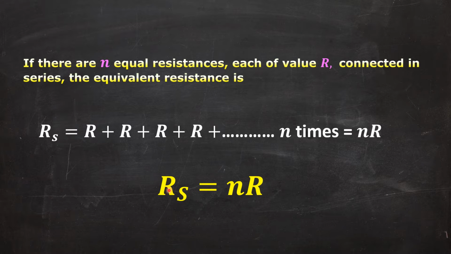So Rs is the resultant resistance. When n resistors having R resistance are connected in series, the equivalent resistance can be found by using this formula, that is Rs is equal to n into R.